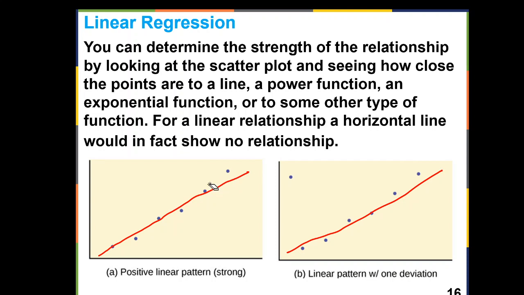So the closer the points are to a straight line, the stronger the positive correlation or the negative correlation, right? So the closer they are to a line, the stronger the correlation. Of course, horizontally, if the points look like that, this is no positive correlation because the slope is 0. So it has to be slanted like those to have correlation. All right, so which one of these is stronger? This one.